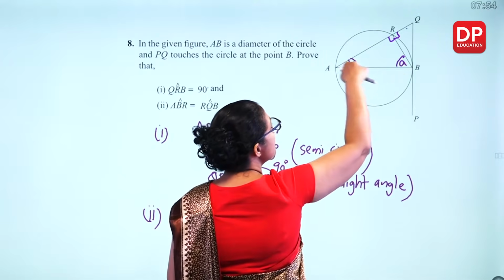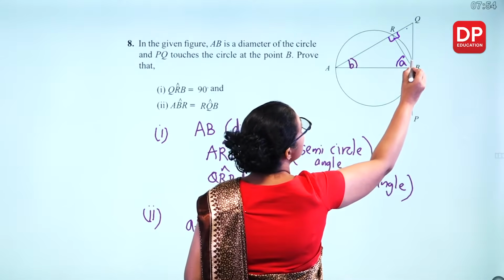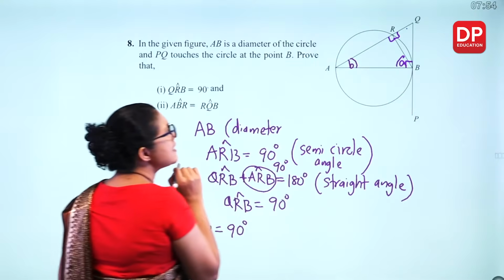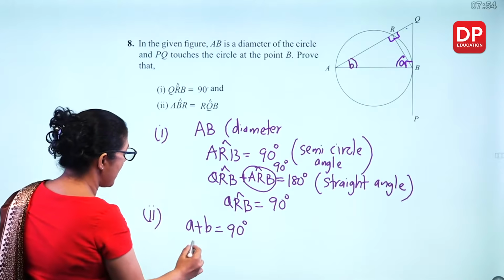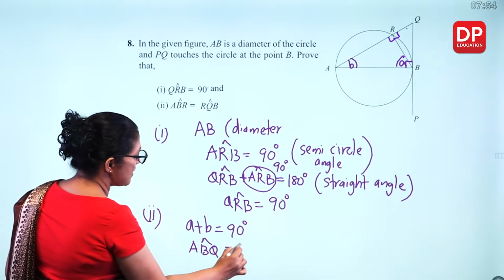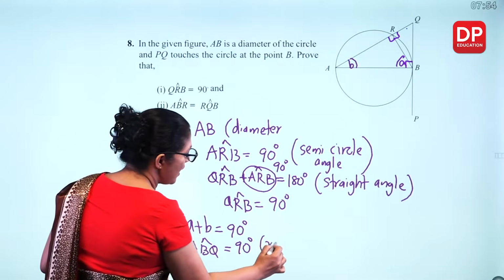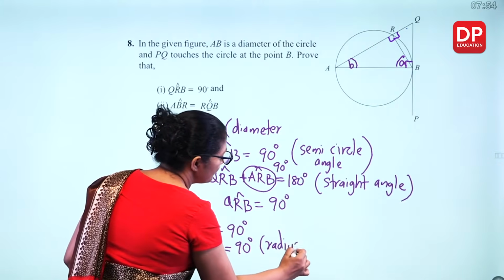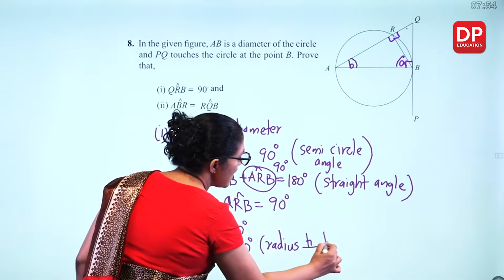This tangent and the diameter are perpendicular. So this angle is 90 degrees. So we can write angle ABQ is 90 because the radius is perpendicular to the tangent.